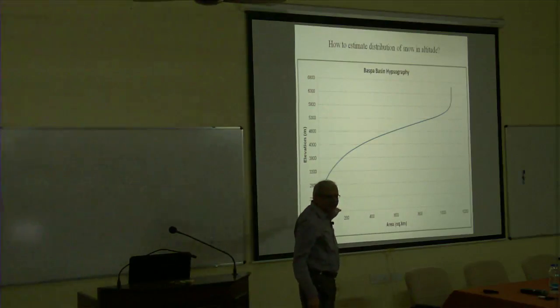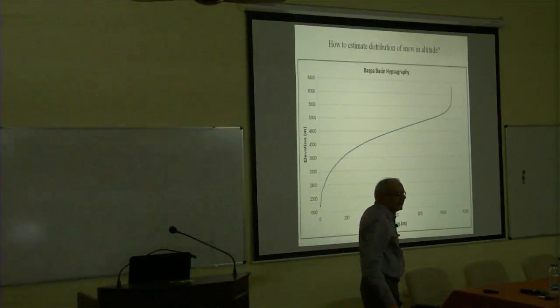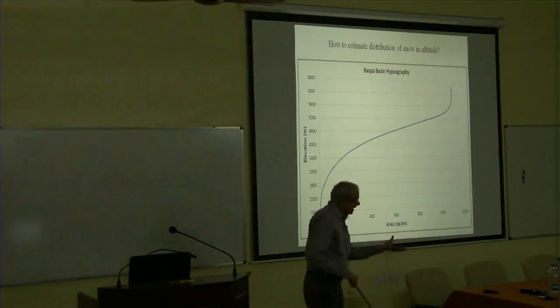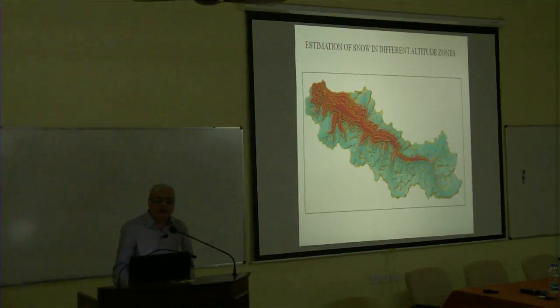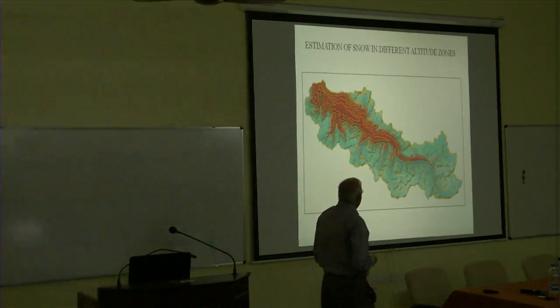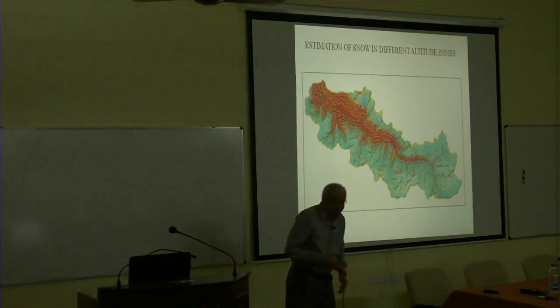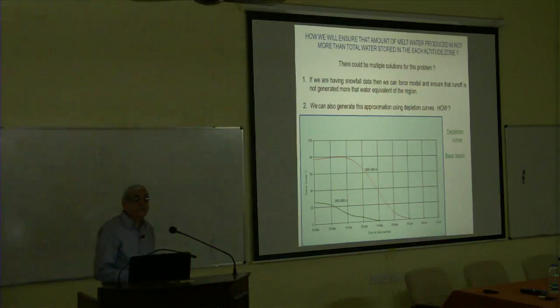Is there any issue on this? Everybody understood this graph. That is just giving you both the parameters. Then you superimpose on it like this, either with an automatic technique or manually, whatever you want. You can superimpose it and get the area under seasonal snow in each altitude zone, right?